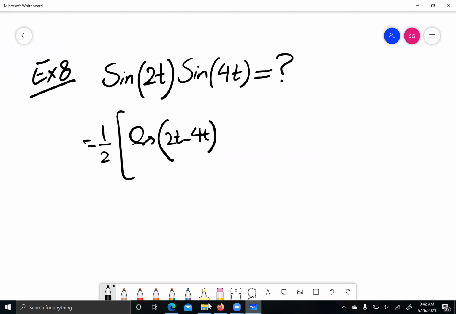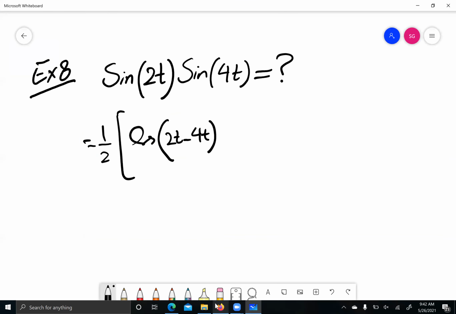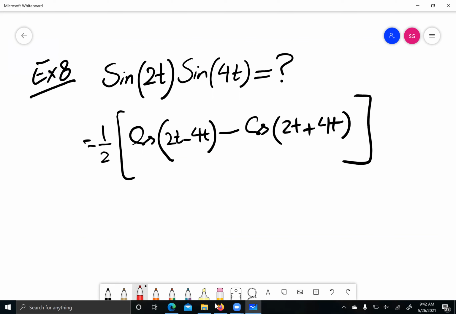So cosine of the difference angle minus cosine of the summation of those angles.